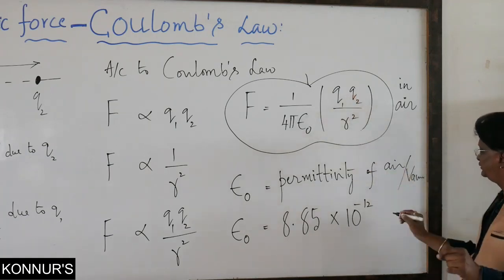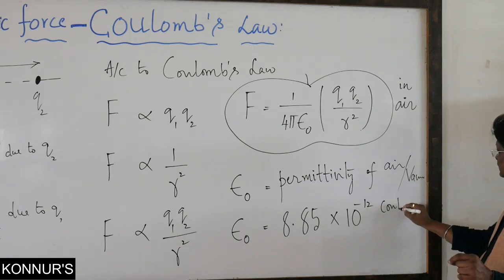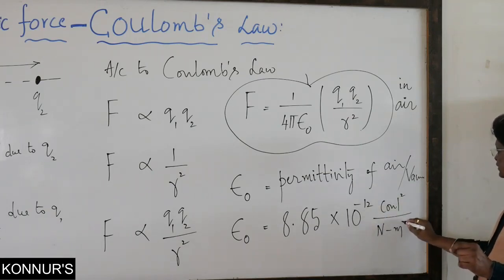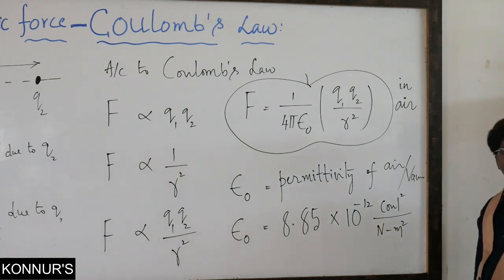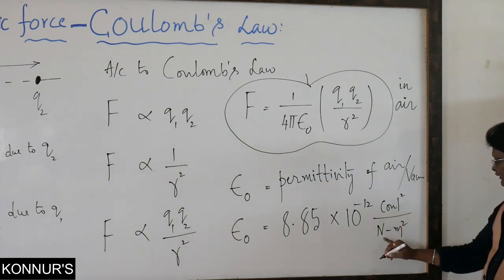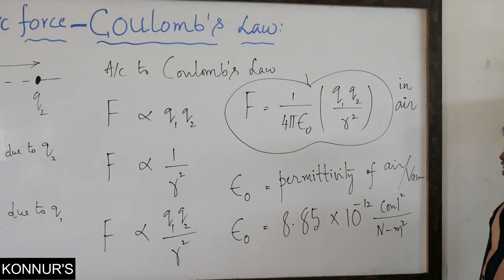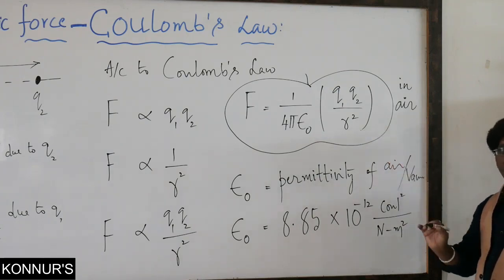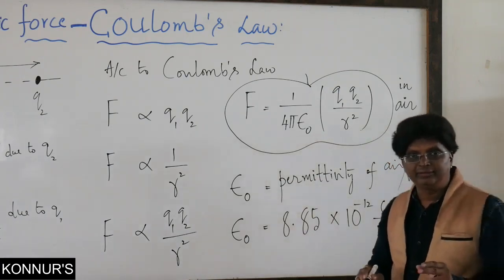Therefore the SI unit of epsilon naught is Coulomb square by Newton meter square. So this is the expression for electrostatic force between charges in air.